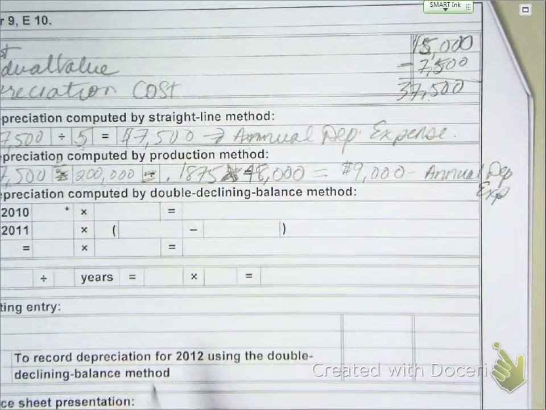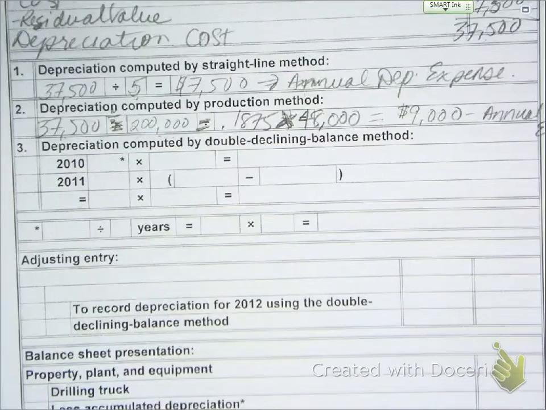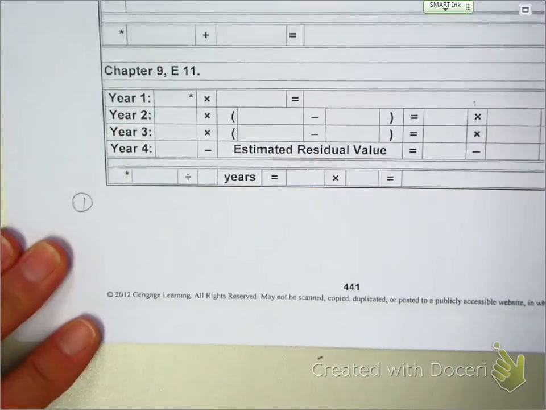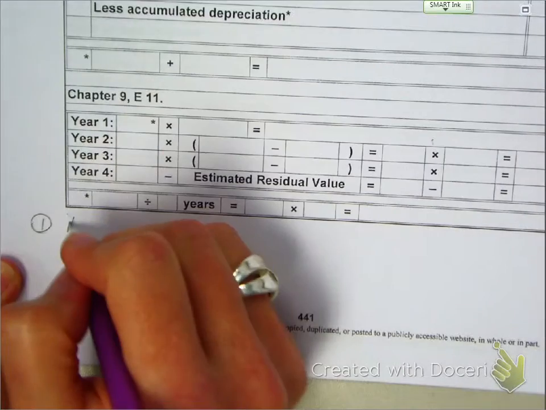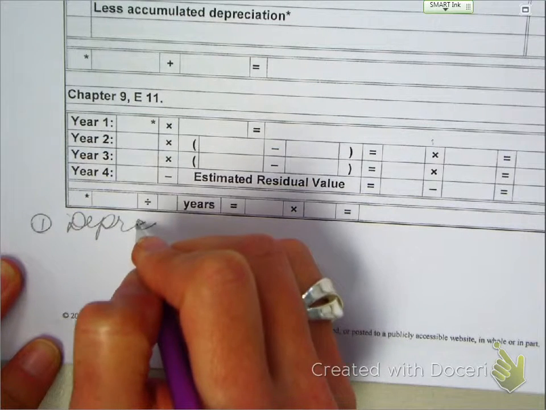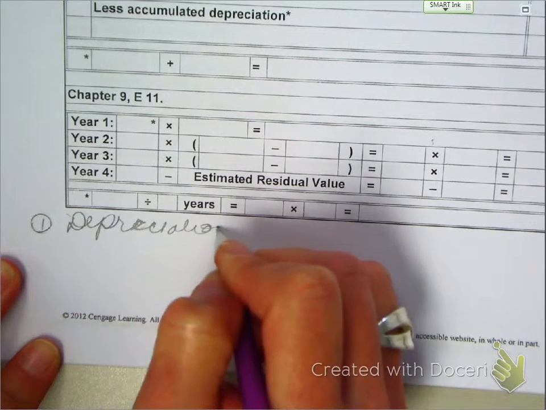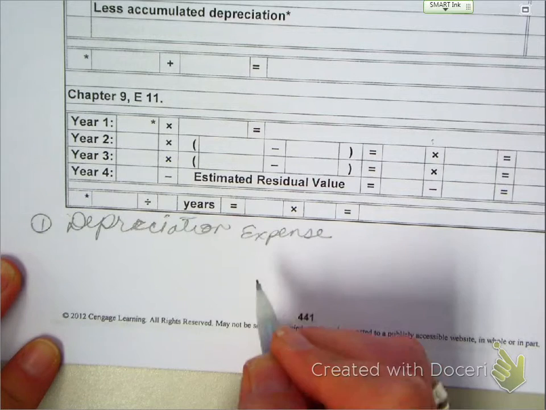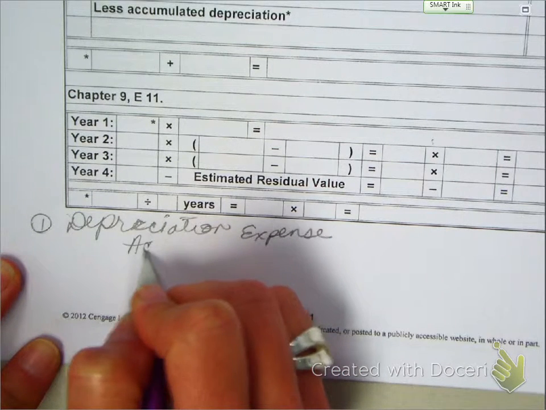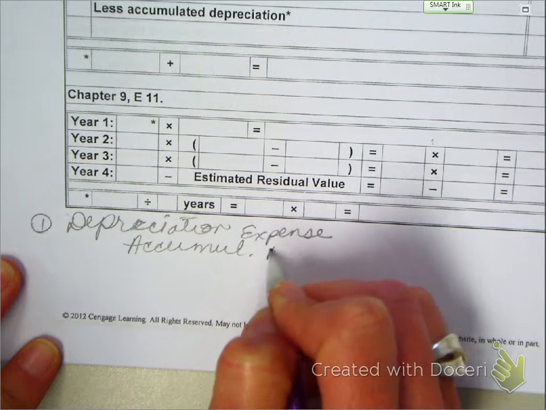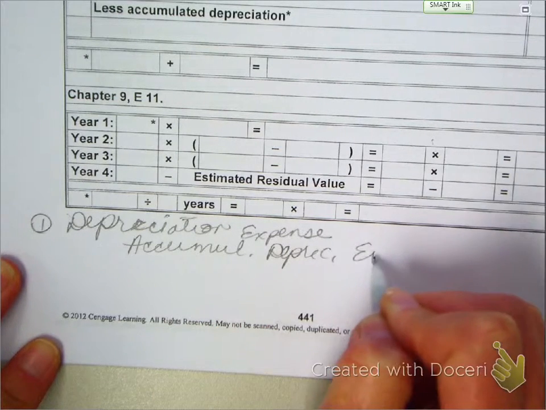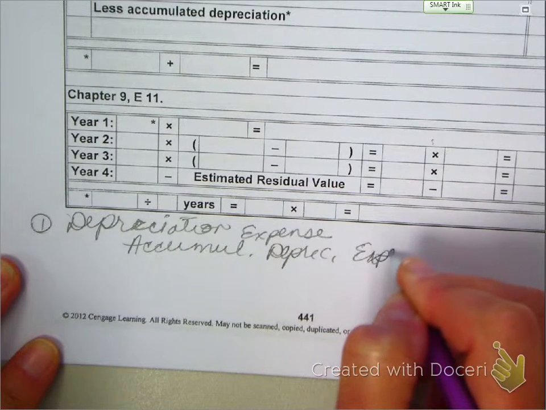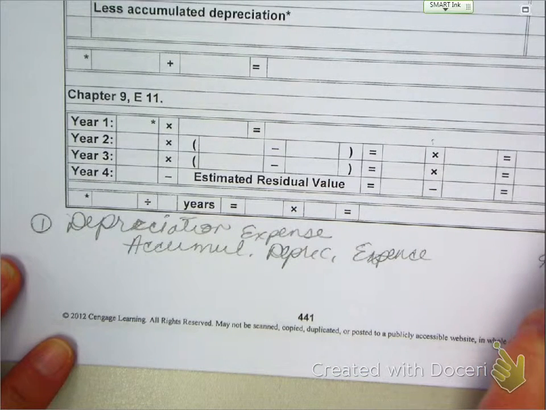Okay, and just like with the straight line method and any other method, we would record our journal entry at the end of the year by taking our depreciation expense for that year and debiting it to match our expense with our revenues for the period, and then we would credit this amount to the accumulated depreciation account, the accumulated depreciation contra asset account for that particular year.